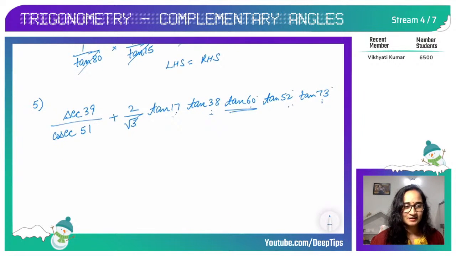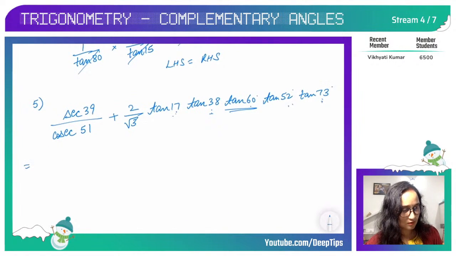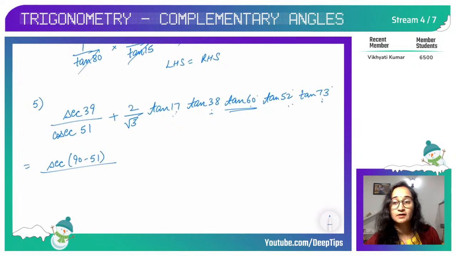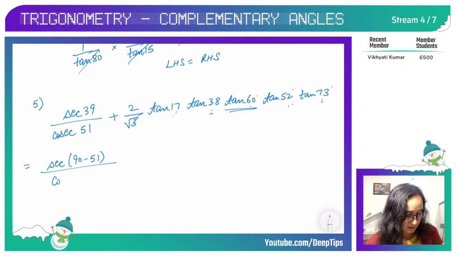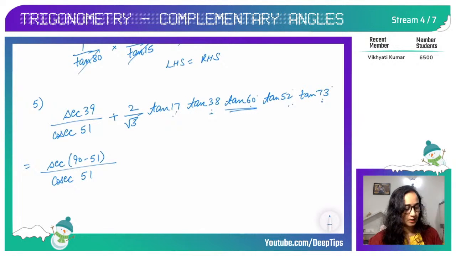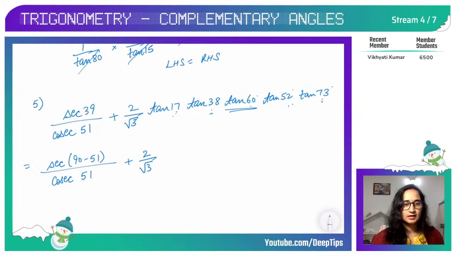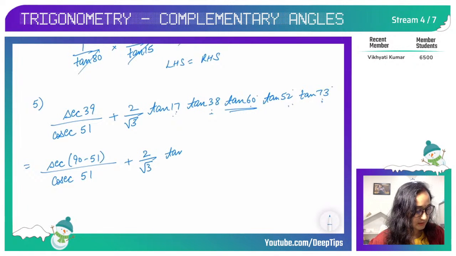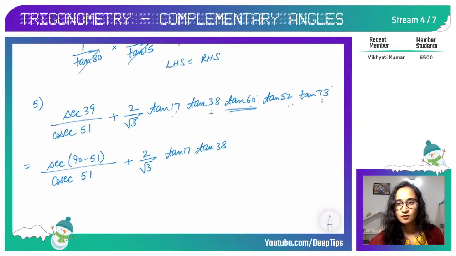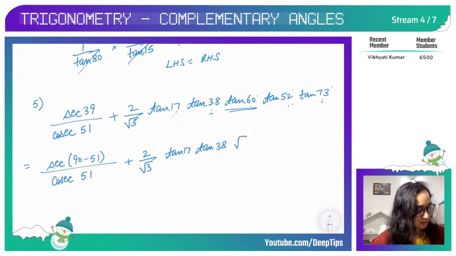So let's start the rewriting. I can write secant 39 as secant of 90 minus 51, because I know 90 minus 51 gives me 39, and here cosecant 51 will stay as it is. Now when I rewrite, 2 by root 3 stays the same. Let's write tan 17 and tan 38 as it is, and tan 60 is root 3, so I am writing the value here.